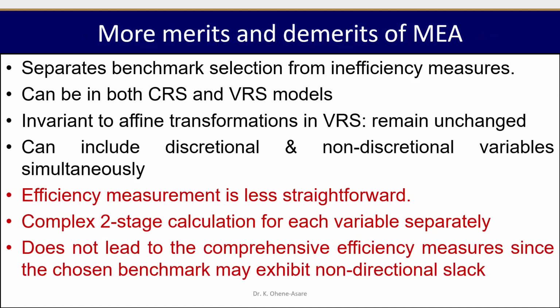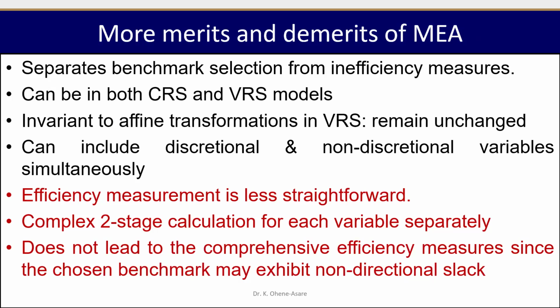The other disadvantage is that it does not lead to comprehensive efficiency measures. Now, you know that this one is looking at the variable-specific efficiencies. When you finish, you should aggregate them. Until Asmild introduced the 2012 paper in EJOR, where it's possible to integrate it and create a singular efficiency score for the DMU.